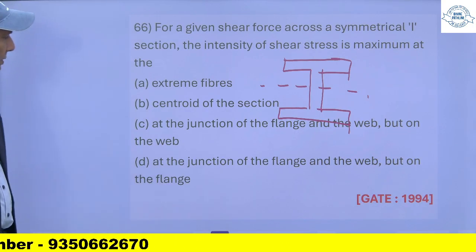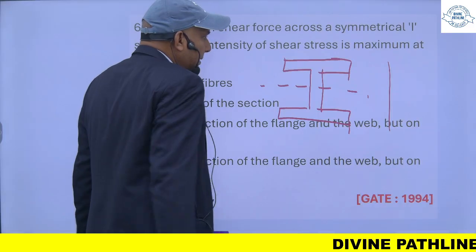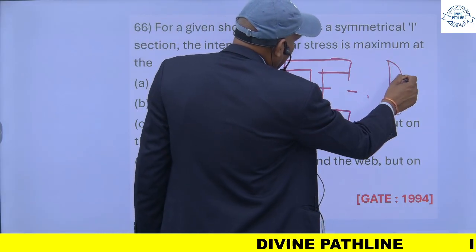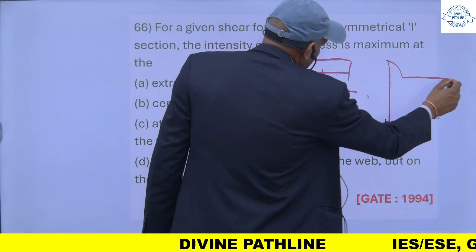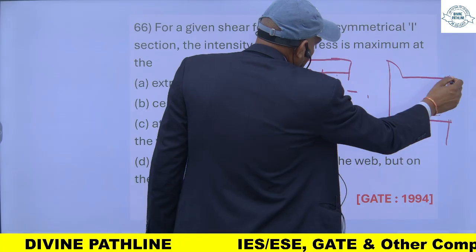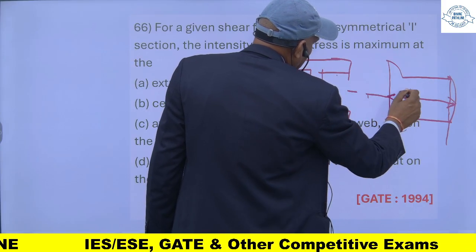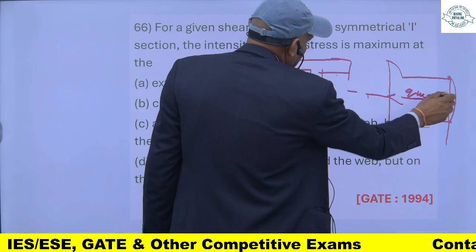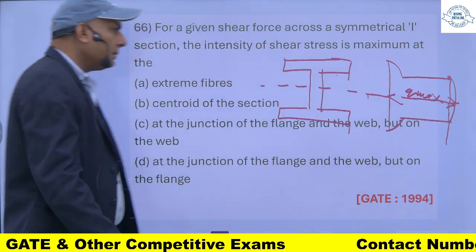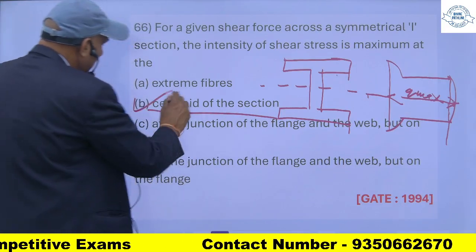So what is the correct option? Obviously, in this case the shear stress diagram will be like this, and this will be maximum at the neutral axis. Neutral axis is at the centroid point. So this is the right option.